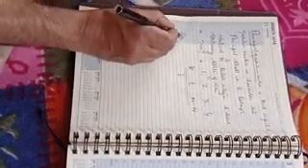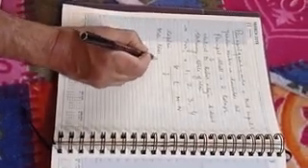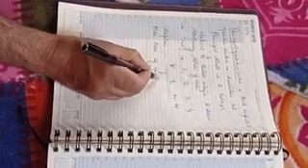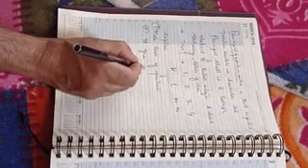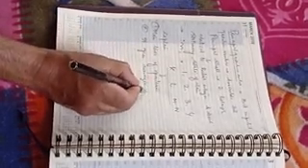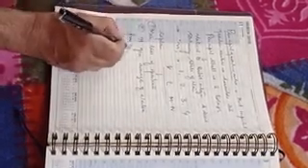It gives information regarding the average distance of the electron from the nucleus.